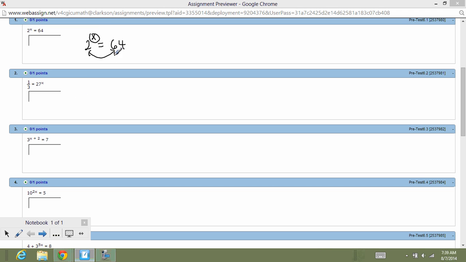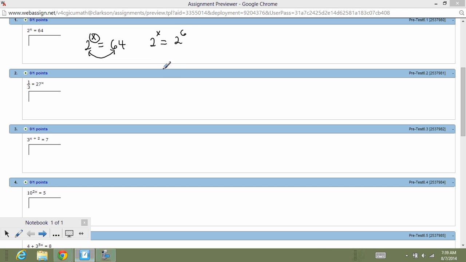And so one approach is to get the two expressions on the left and on the right to have the same base. We have a base of 2, we have a base of 64, and so your numeracy needs to kick in. You need to see that 64 is actually a power of 2. 64 happens to be 2 to the 6th.